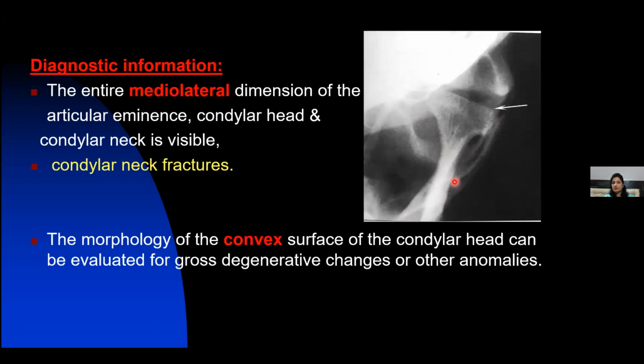So for condylar neck fractures, I will go with transorbital. I can easily measure the whole mediolateral dimension of the eminence. Condylar head and neck are visible, as well as the morphology of the convex surface of the condylar head, and gross degenerative changes. So it is a frontal projection, and I can see the mediolateral dimensions of the condyle and eminence and condylar neck.